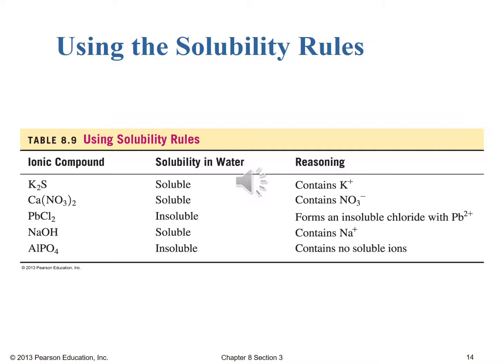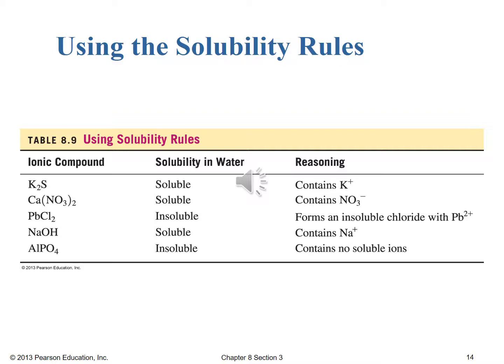Lead 2 chloride, well, that was one of our examples of an insoluble chloride. As we said, lead, mercury 2 plus, or silver, so therefore our reasoning is that what makes it insoluble with chloride is the lead ion. Sodium hydroxide, we said that most hydroxides are insoluble, but again, sodium's a group 1, so that trumps the hydroxide's general insolubility, and so we do have a soluble salt here because it contains the sodium ion.